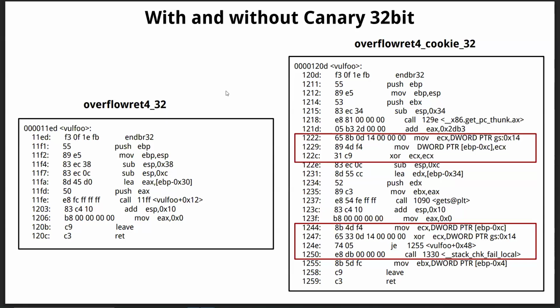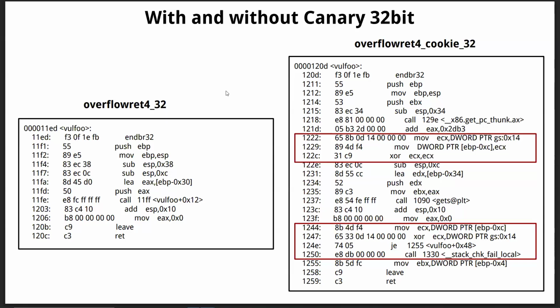Let's see what we have here. We have EBP minus C, which is our cookie or Canary. Just call it cookie here. Above that, EBP points to the saved EBP.